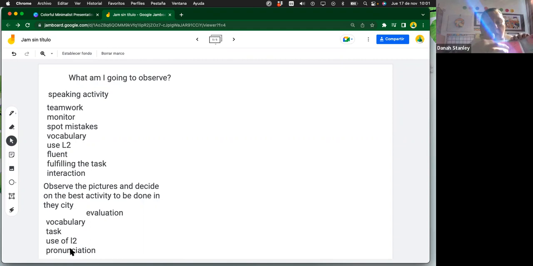Okay, entonces when I'm observing, I'm making notes on the individual post-its. And I have in my notebook all my post-its like this. So I can provide the feedback and I can write the number. Just at the end of the day, pues I pass my notes from the post-its to my list.